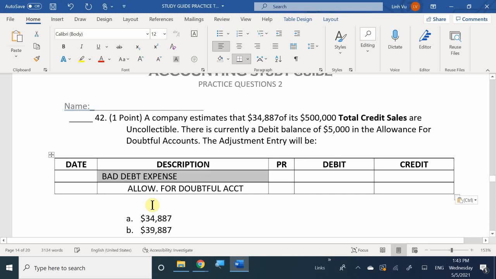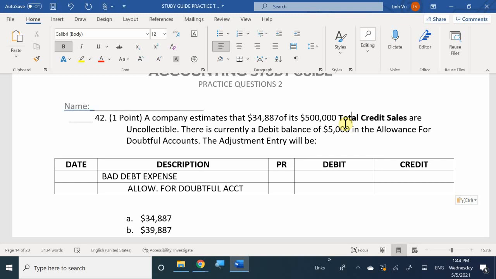A. Okay. Once again, the keywords here are total credit sales. Therefore, that should give you a flag right there to indicate that we don't care about any balance in the allowance for doubtful accounts. We just care about the estimated amount, which in this case is $34,887.